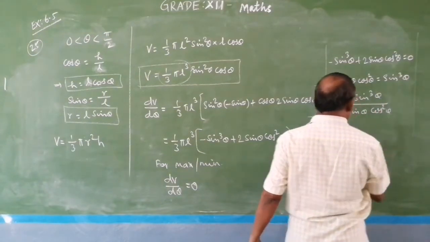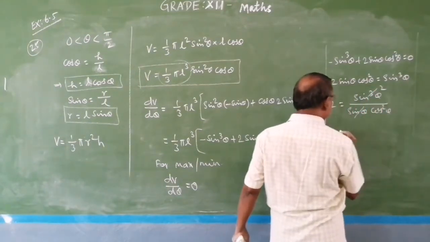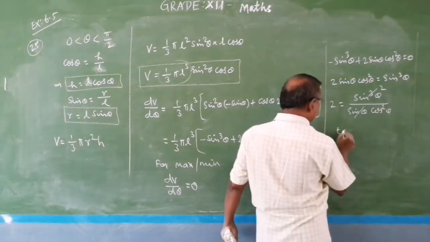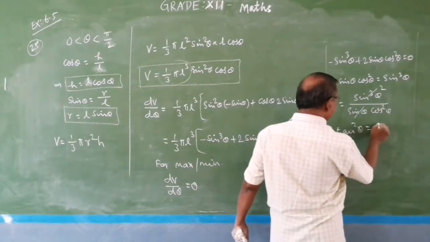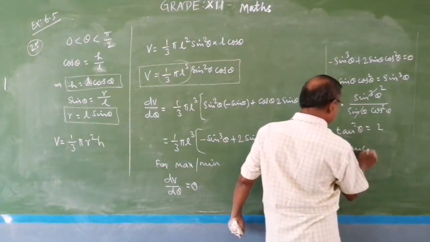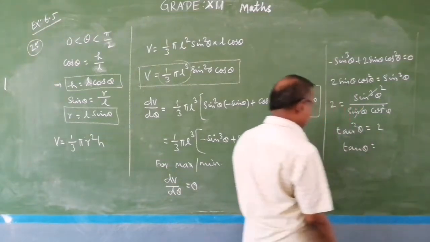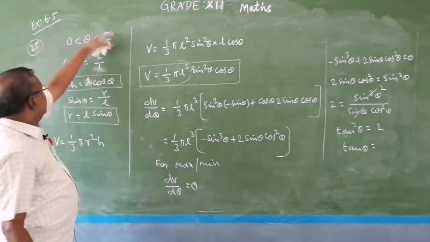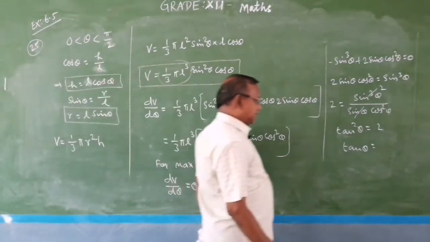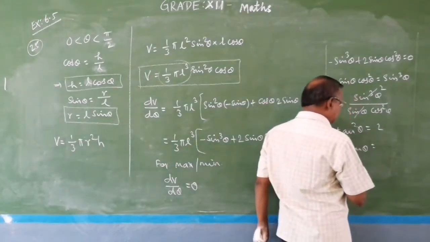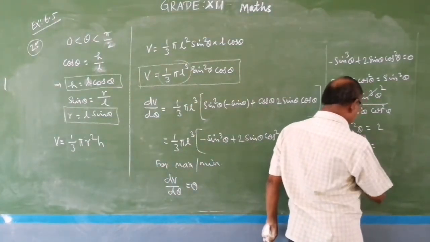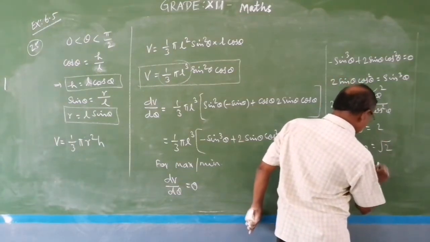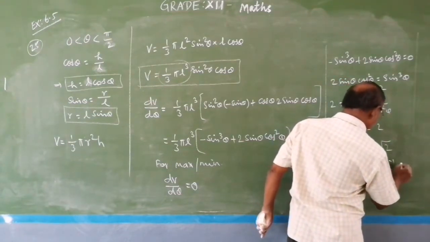One sin theta cancels, which gives sin square theta by cos square theta, that is tan square theta equal to 2. Tan theta equal to plus or minus root 2, but theta lies in the first quadrant, that is acute, therefore it cannot be negative. All the trigonometric functions are positive in the first quadrant, therefore tan theta equal to root 2 and theta equal to tan inverse of root 2.